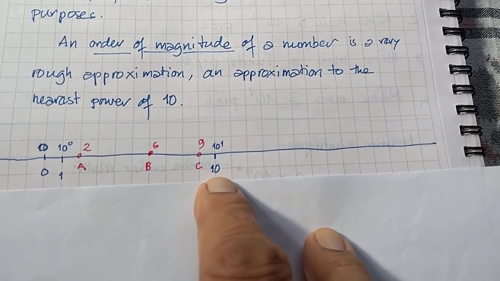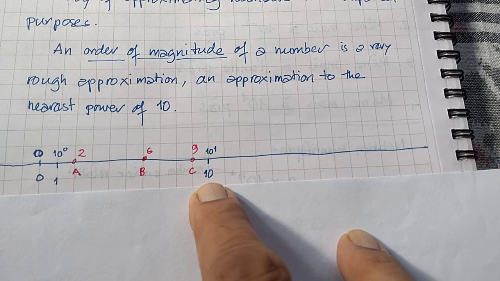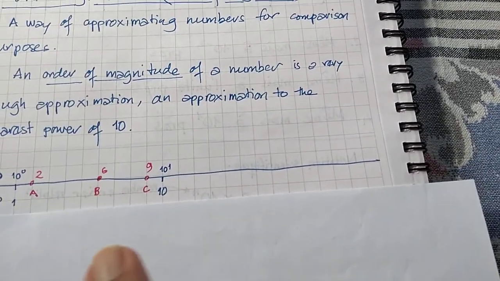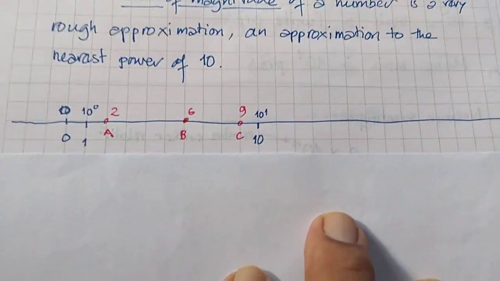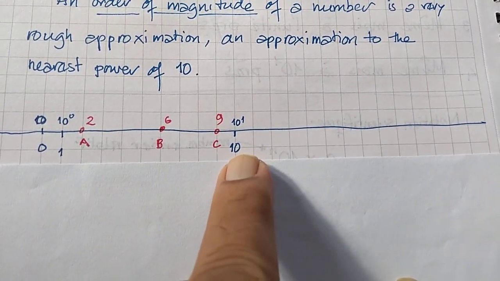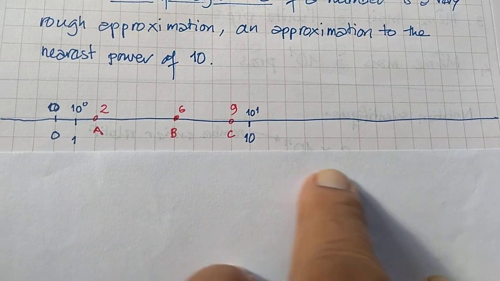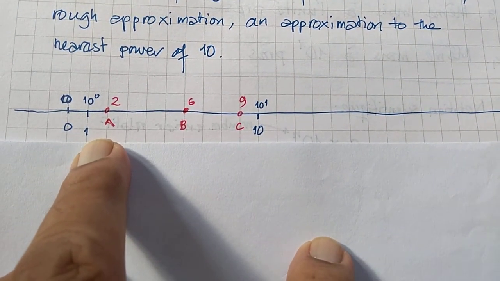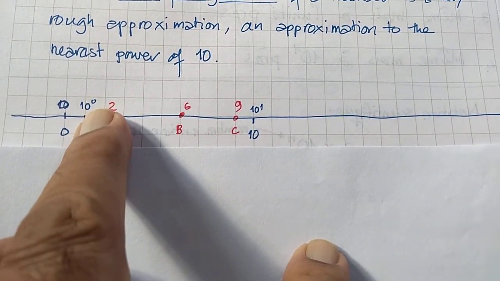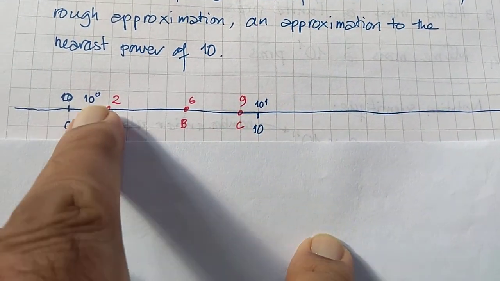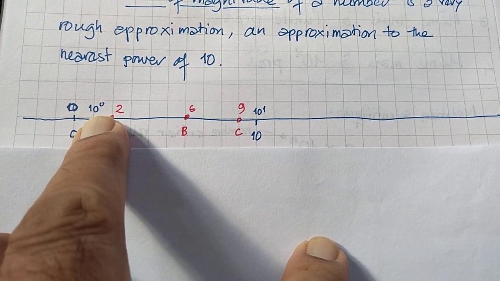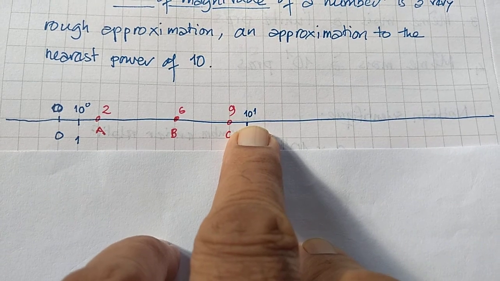Correct? So, all numbers that come between 10 and 100, which in this drawing will be way off to the right there, will either be equated to 10 or to 100. Similarly, all numbers between 1 and 10, that is 10 to the power 0 and 10 to the power 1, will either be approximated to this number or to this number.